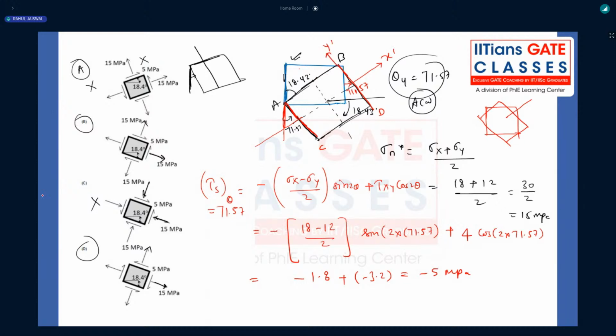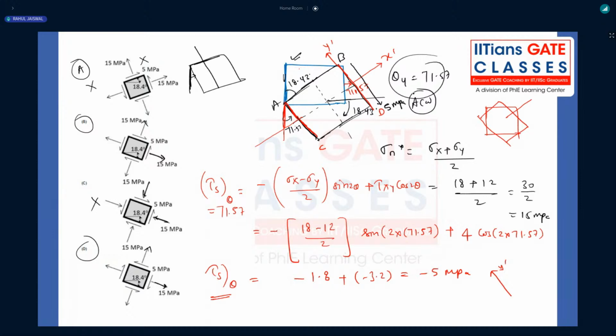I told you in the options, basically the sign convention: whatever values of tau s theta we are getting, if it is positive, that means it will be acting along the y dash direction. But now we are getting negative, so it has to act opposite to y dash. That will be minus 5 megapascal.